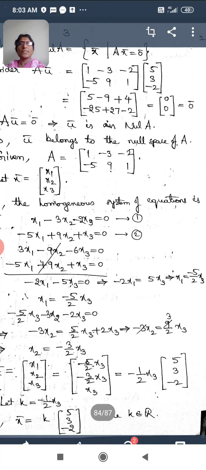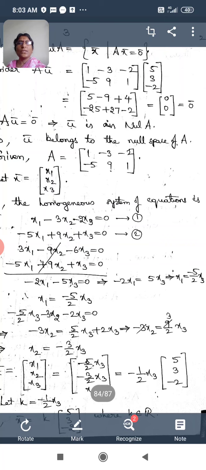So we could show that the resultant vector of A u bar is 0 bar. That means A x bar is equal to 0 bar is satisfied by u bar. When we replace x bar by u bar, the equation A x bar is equal to 0 bar is satisfied.